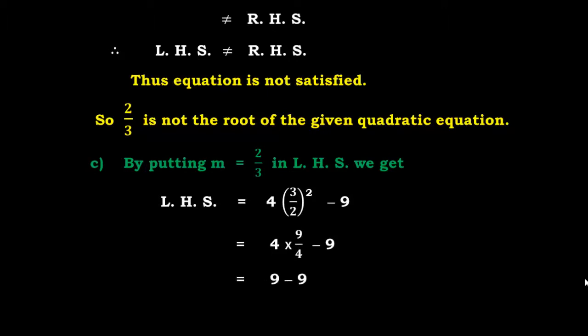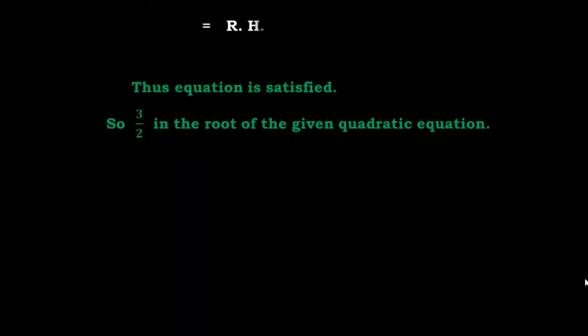That means 9 minus 9, which is equal to 0. So LHS is equal to RHS. That means we can say the equation is satisfied by the value 3 upon 2. So 3 upon 2 is the root of the given quadratic equation.